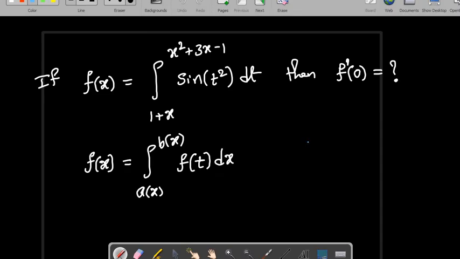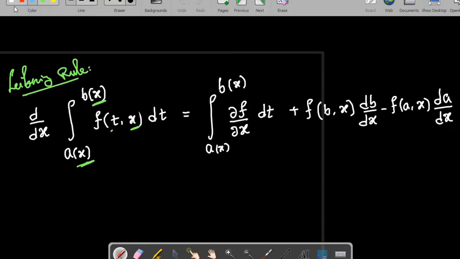So when you have a function of t only, what is the derivative of f with respect to x? This would be 0. Why? Because f is a function of t only. So in the formula, you will not have the first part. This becomes 0.